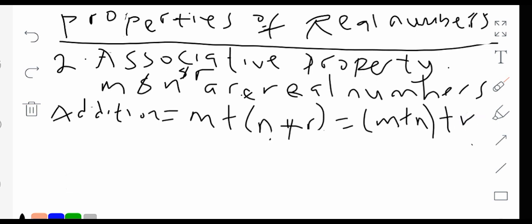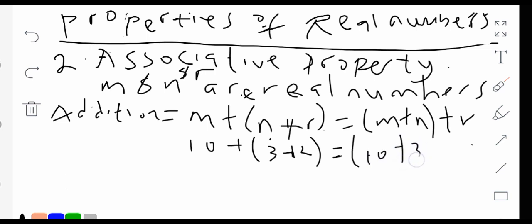Let's quickly test this. Let's say our m is 10. That will be 10 plus open bracket 3 plus 2, which will be the same thing as open bracket 10 plus 3 close bracket plus 2. If you check both sides, they will give us the same answer.